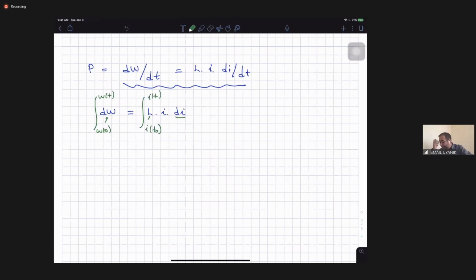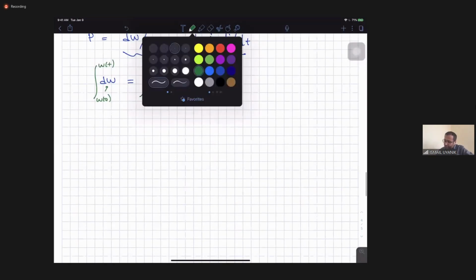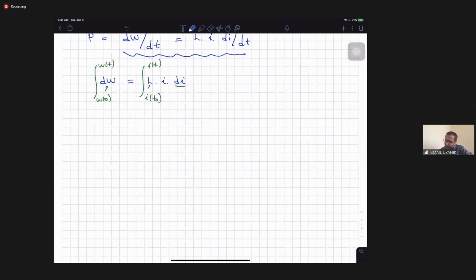But again, just not to confuse ourselves, I will be changing these parameters inside these integrals. Also, just for clarity, we will assume I of t0 equals 0.